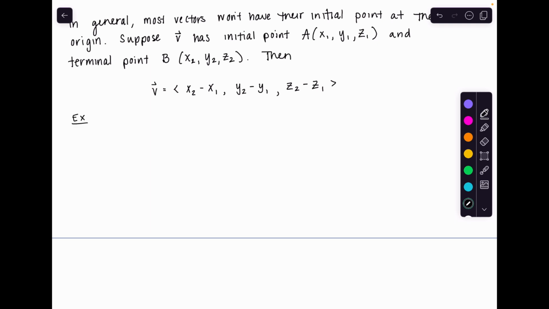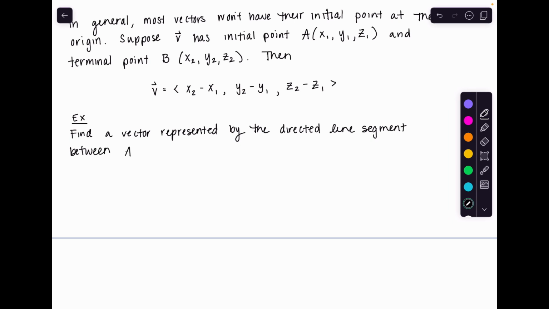And to just give you a little example, let's find a vector represented by the directed line segment between A, which has coordinates 4, 0, negative 2, and B, which has coordinates 4, 2, 1.